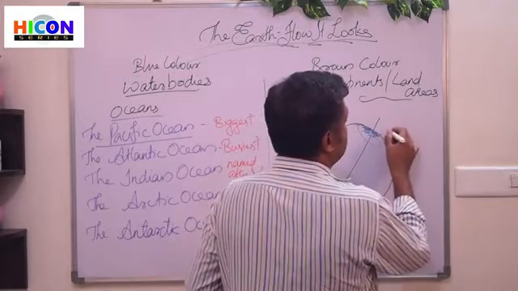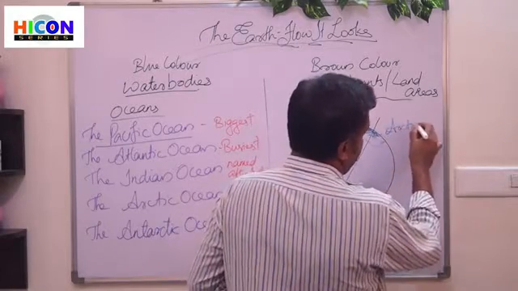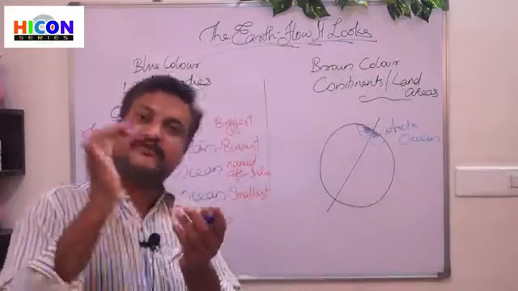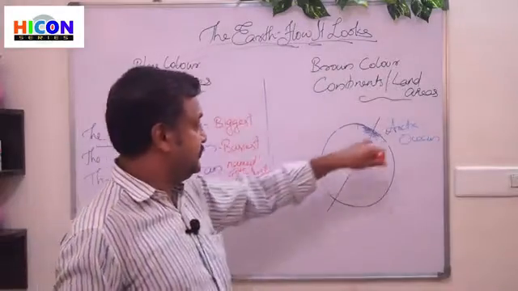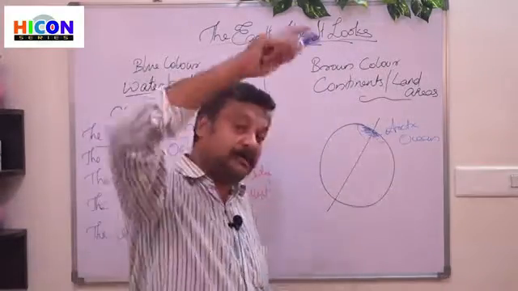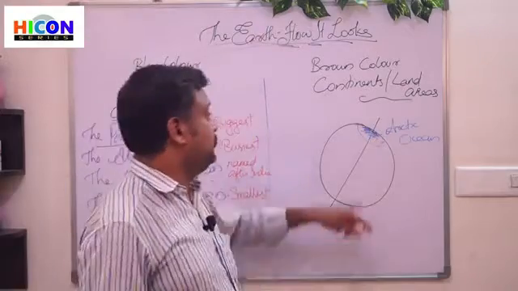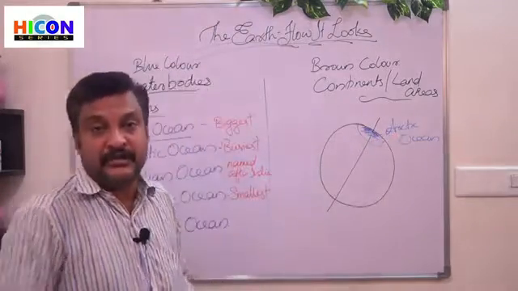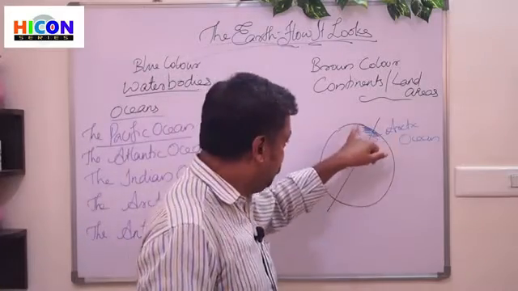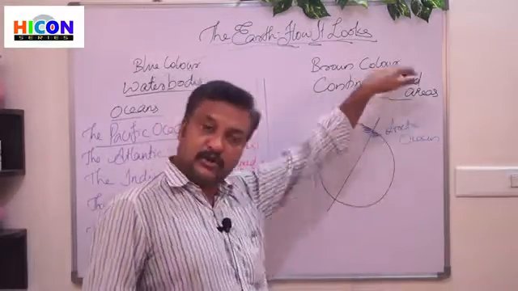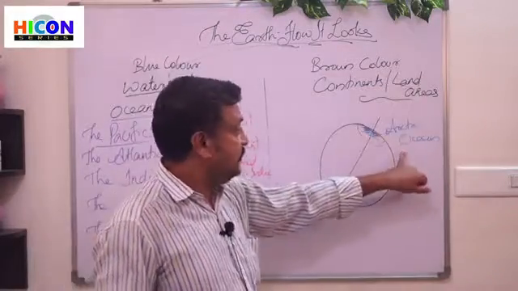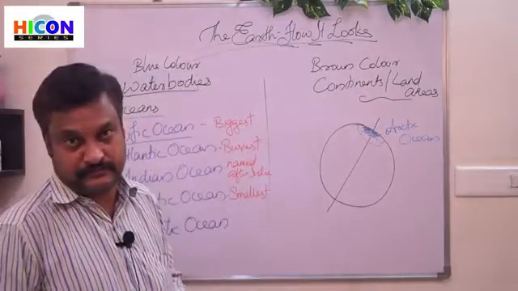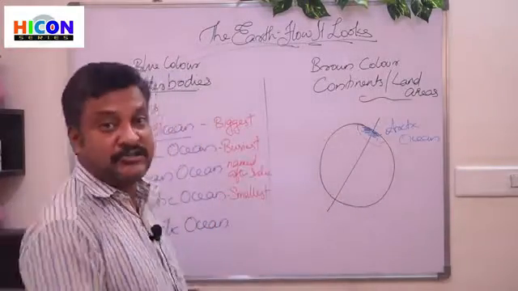Okay, and this ocean is the Arctic Ocean. So Arctic Ocean is a very small ocean that is near the Arctic region. We know Arctic Circle. Okay, you'll come to know that, don't worry. So the sea that is found around the Arctic region or the Northern Pole is known as the Arctic Ocean, and that is the smallest ocean.